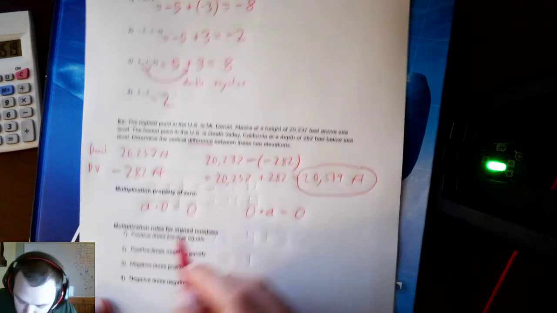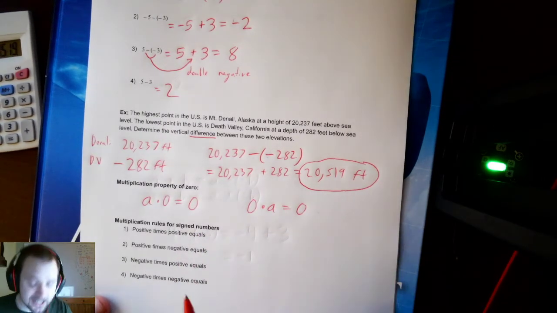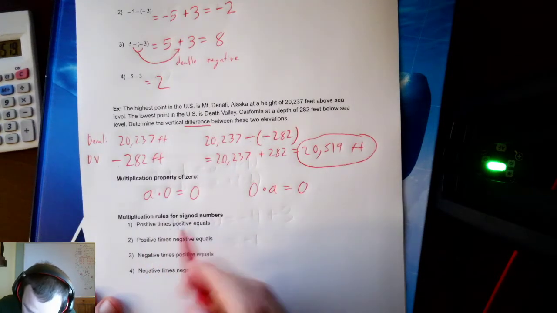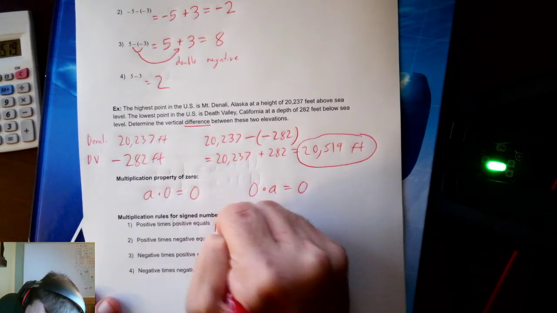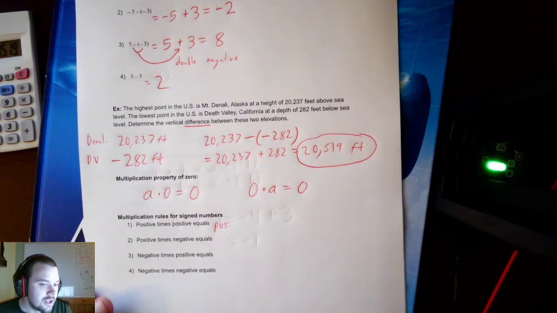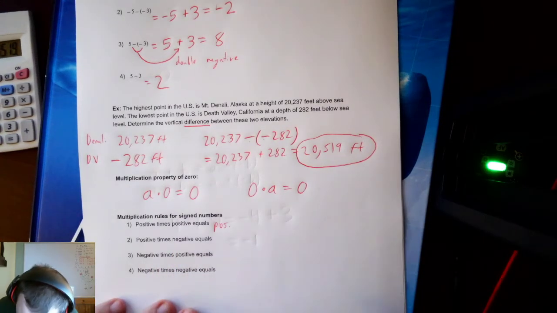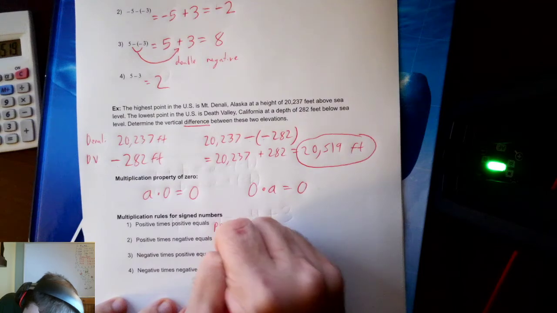Next, what are the rules for signed numbers? What happens if I have signed numbers? What's a positive times a positive? Well, that's a positive, right? I'm going to abbreviate positive and negative to just the first 3 letters. Feel free to do the same. Positive times negative is going to be negative.